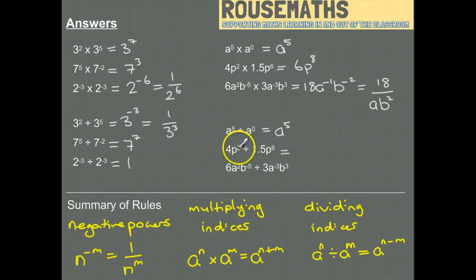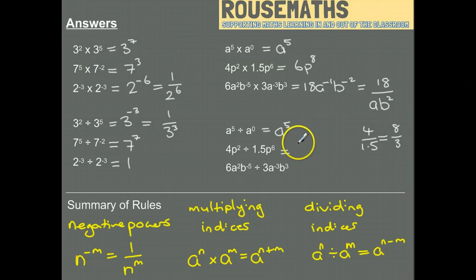And then for this one, 4 divided by 1.5. Now, if you've got a calculator, you can do it that way, or you might prefer to write it as a fraction and then simplify it. So let's do it like that. 4 over 1.5 is the same as 8 over 3.